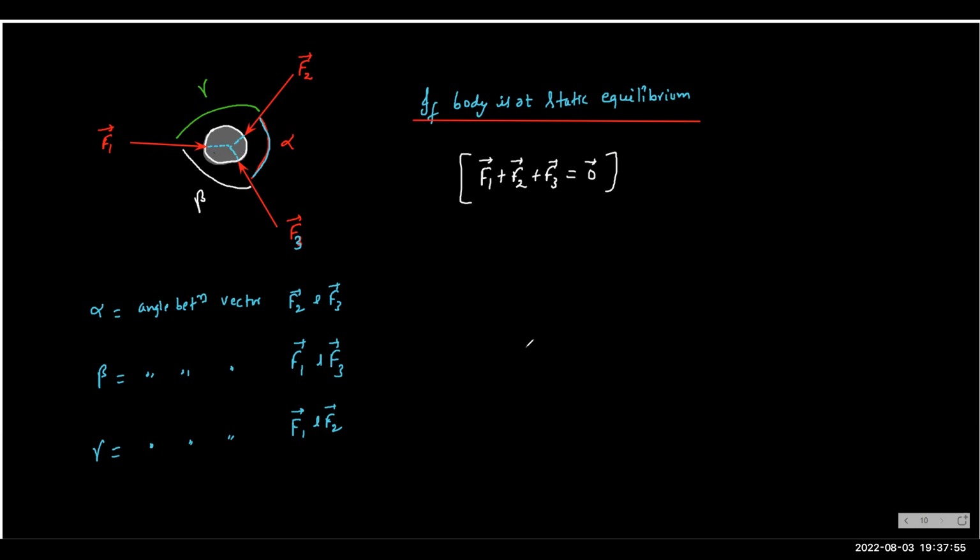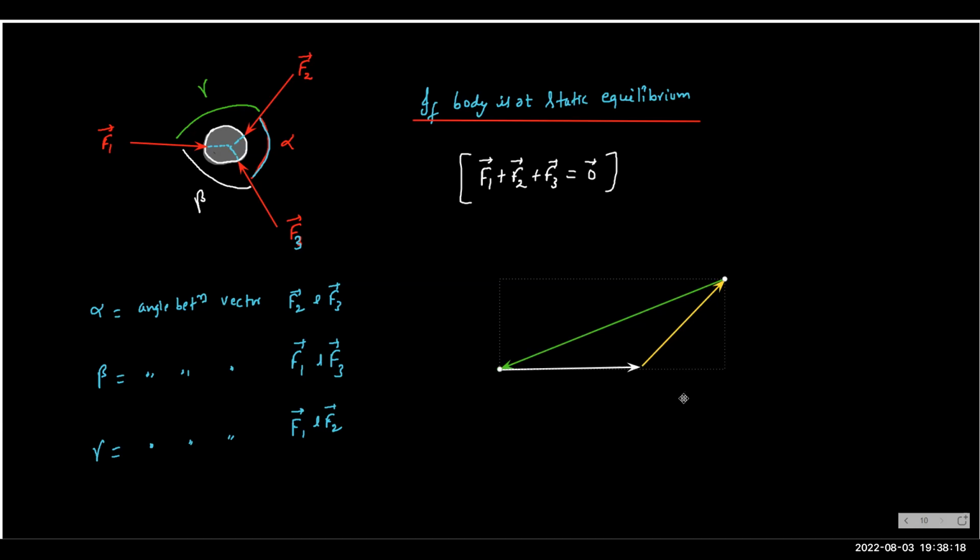Okay. So we can say that the first vector, if I try to draw the first vector, I don't know about the second vector. Let's say the second is something like this. And let's say the third one is something like this. And because the resultant is zero, the third must meet the first.